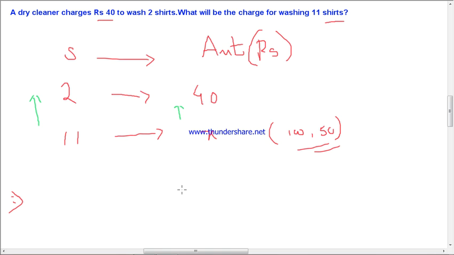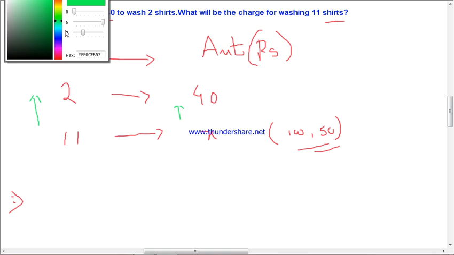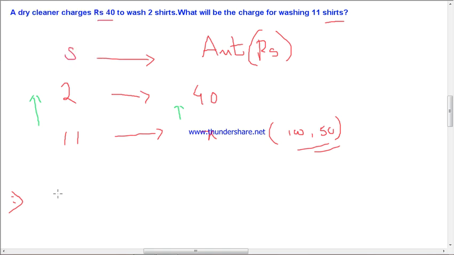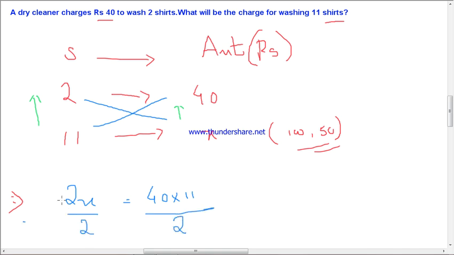The moment you identify it is a direct variation, simply you need to cross multiply like this. So 2 into x, you will get 2x, and 11 into 40 or 40 into 11 is the same thing. And then you will write divide by 2 on both sides, cancel this 2, and 22 divided by 2 is 11.